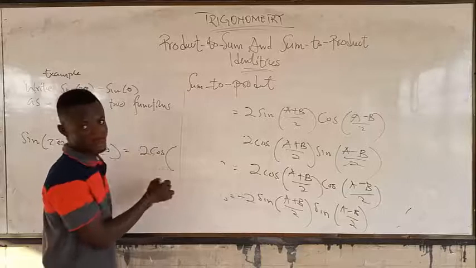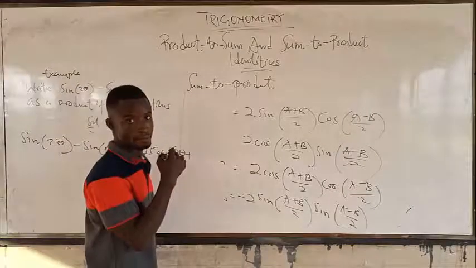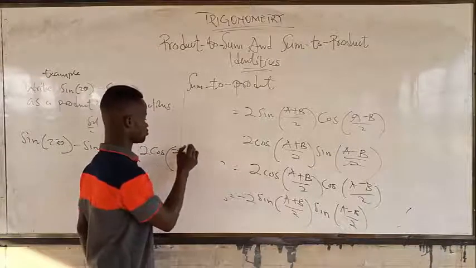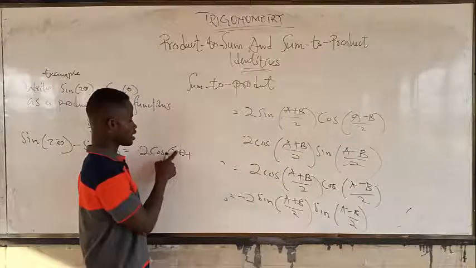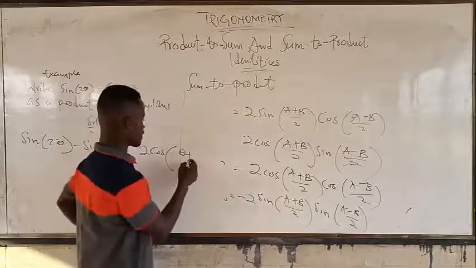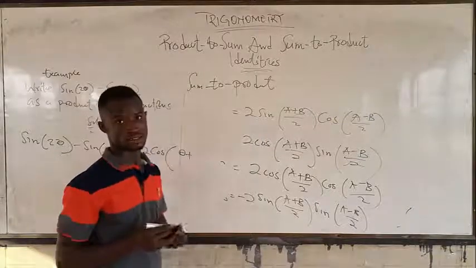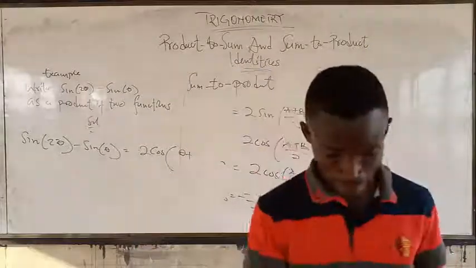Now instead of A, you write 2 theta plus, oh, theta rather, plus, sorry, it's a mistake.